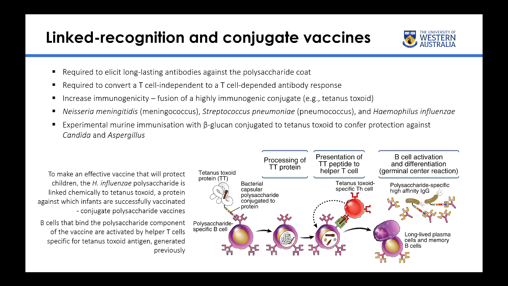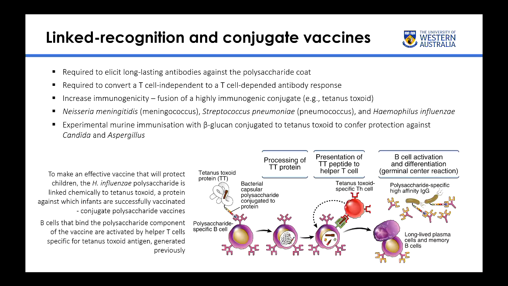So the conjugation of the polysaccharides with a protein, and it can be a diphtheria toxin or a tetanus toxin, means that polysaccharide now has a little bit of a protein that will be sufficient to engage with the T cells, because T cells can only see proteins. So the concept of linked recognition is pretty much that.